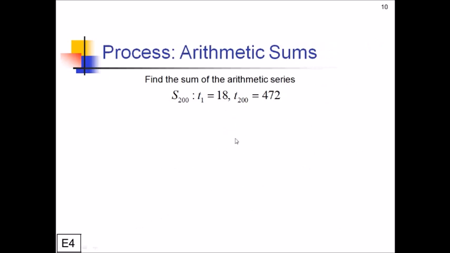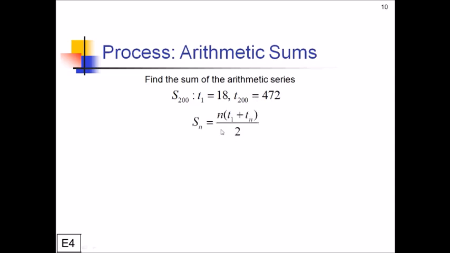Let's take that formula for a test drive. So they want us to find the sum of the first 200 items of a series that starts with 18 and ends with 472. Now, if you didn't have this formula, just contemplate for a sec how difficult this would be. You couldn't even add anything together if you didn't know what the common difference was. So you'd have to find the common difference and then add 200 things together.